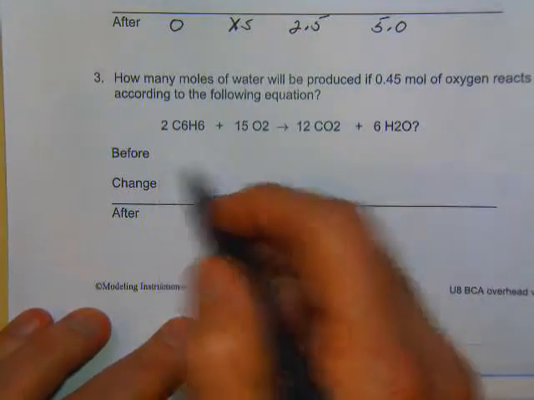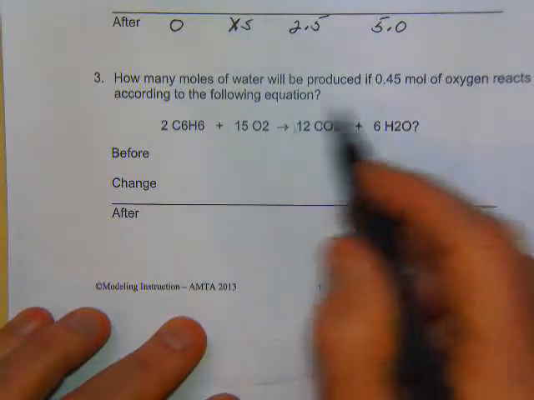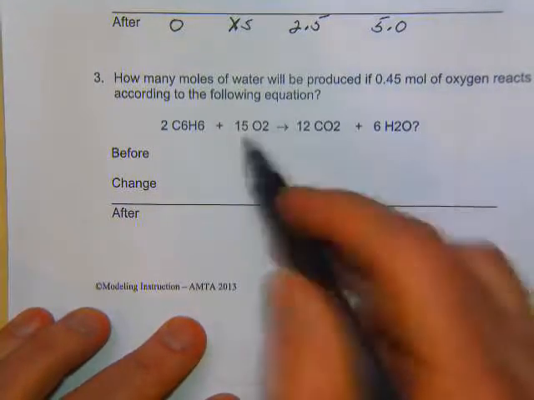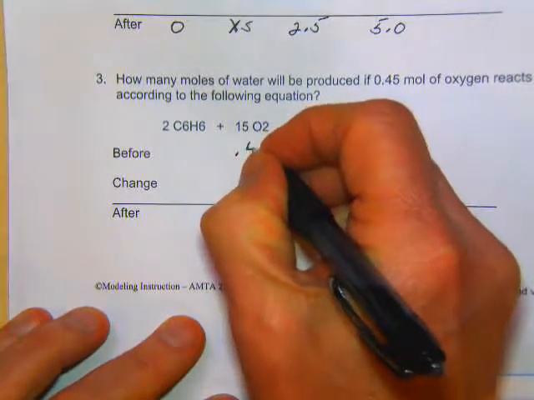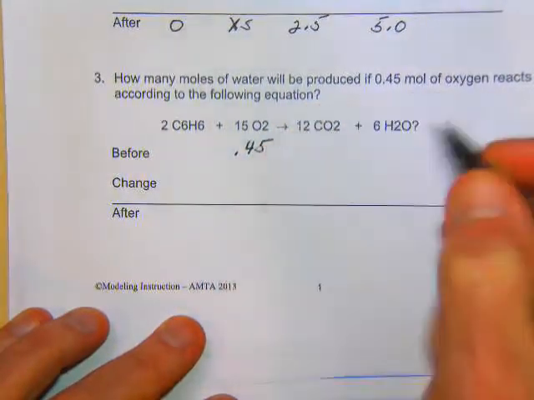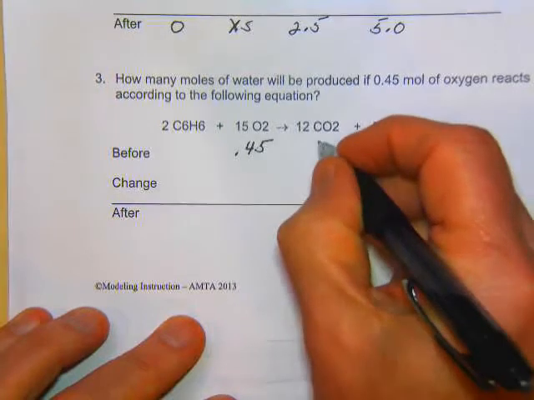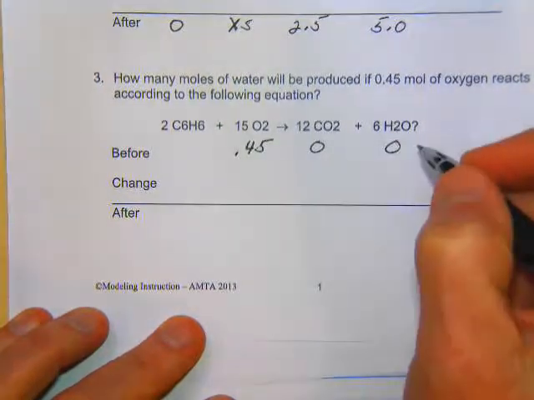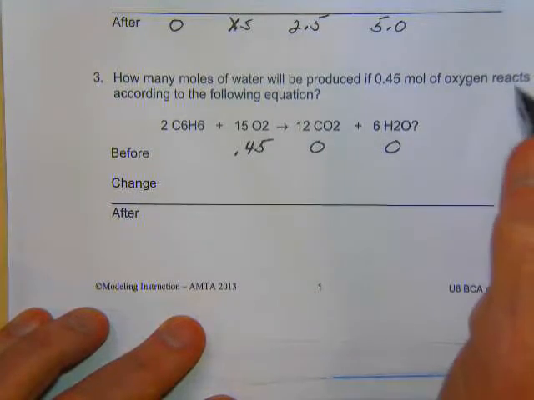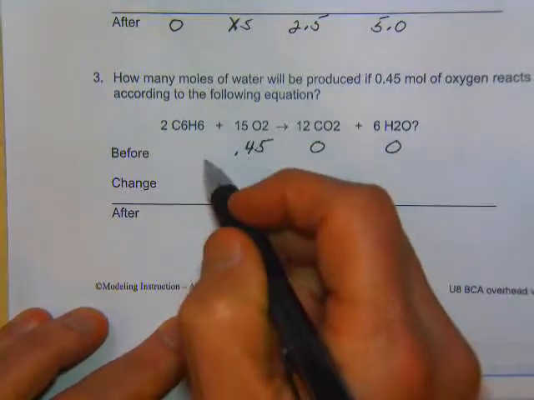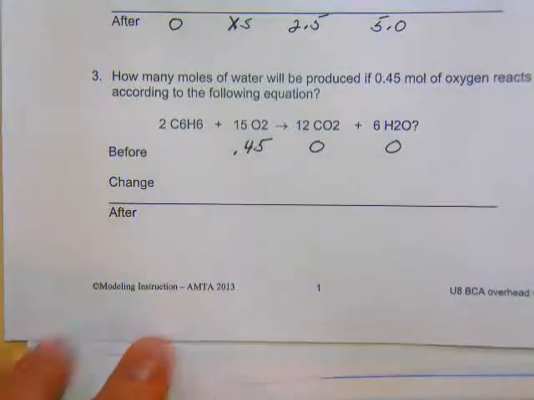So let's go to the before. We've got 0.45 moles of oxygen, so we know we've got this much oxygen. We know we don't have any products. And we want to know how many moles of water would be produced. So we don't know what the C6H6 is right offhand.